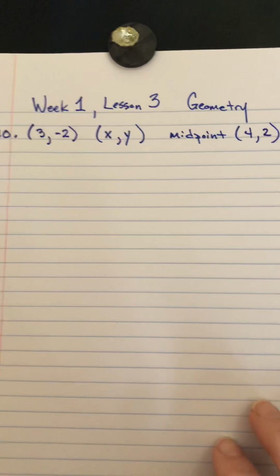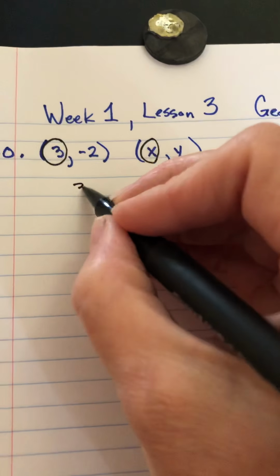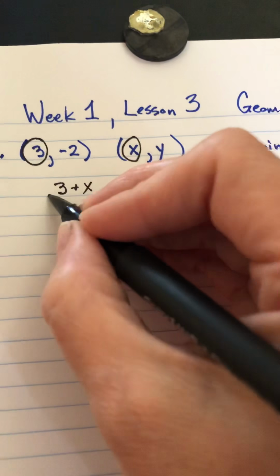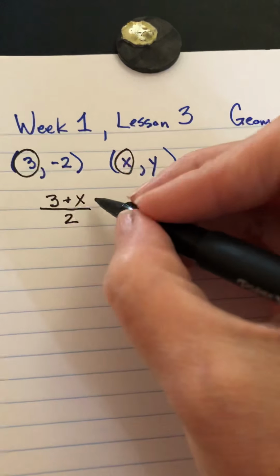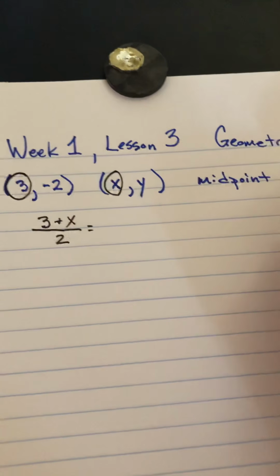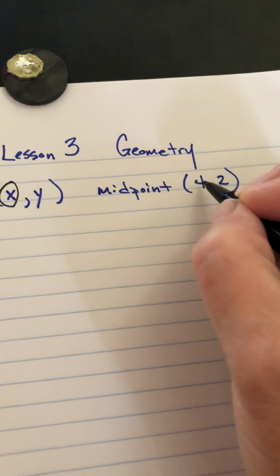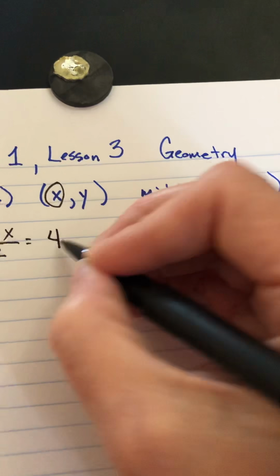So we're going to use the same formula. We're going to add our x's together. That's an x, and that's an x. We're going to divide that by 2 to get the average of these 2 x's. And this time I know the answer. The answer is going to be 4.